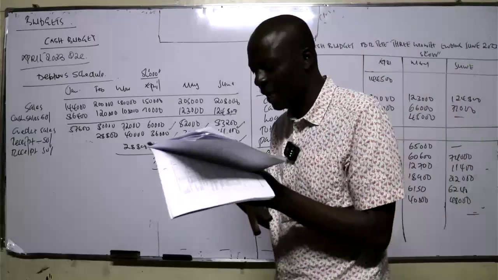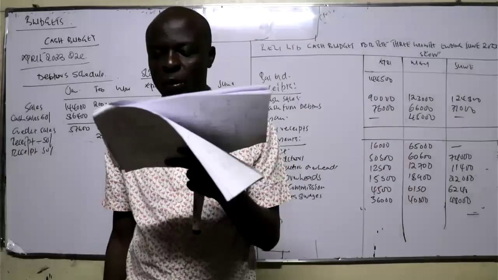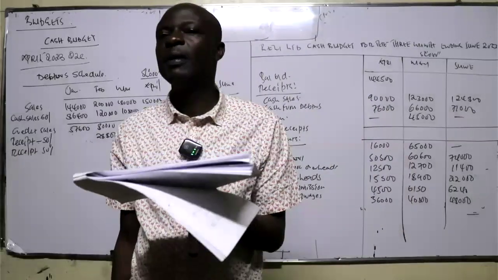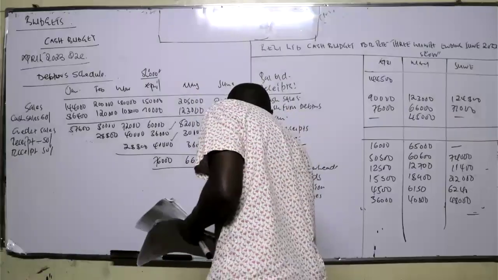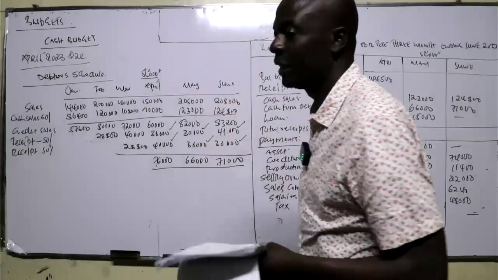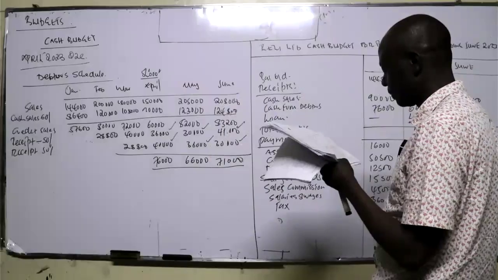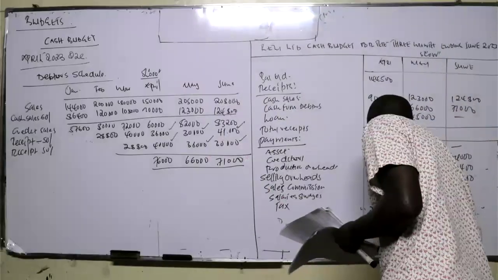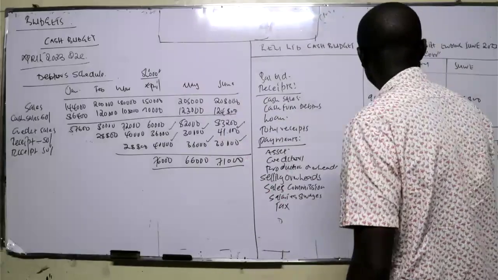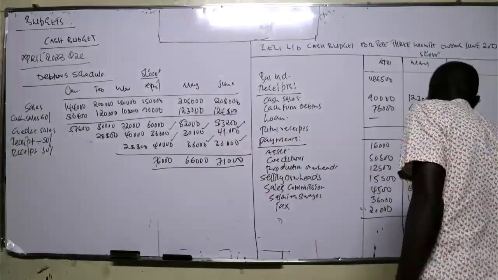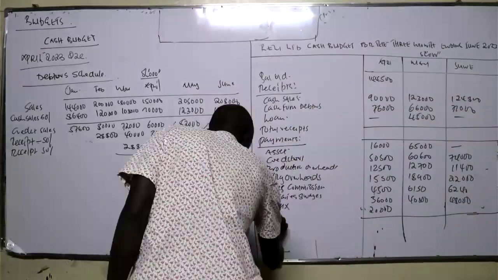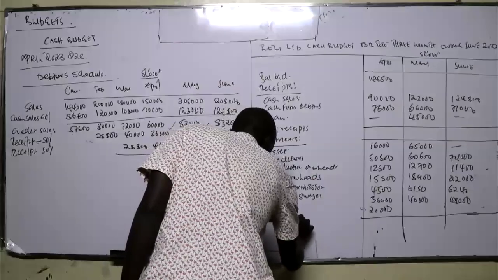Note number 9, an advance tax of 20 million shillings is due in April. When will they pay? Tax of how much? 20,000. So now we are through with that one. We are through with everything, and then you write here total payment.